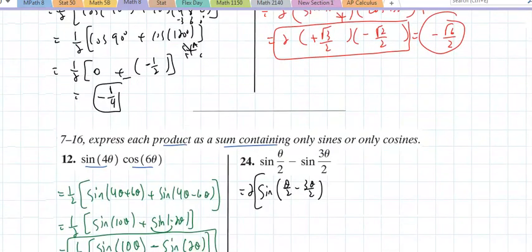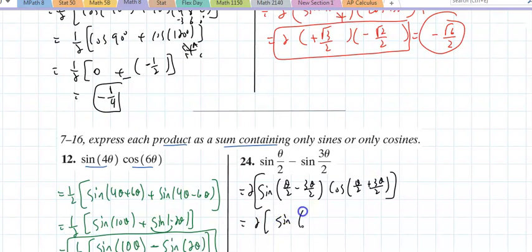And that will be twice the sine of negative 2 theta over 2, cosine of 3 theta plus, that's 4 theta, divided by 2.